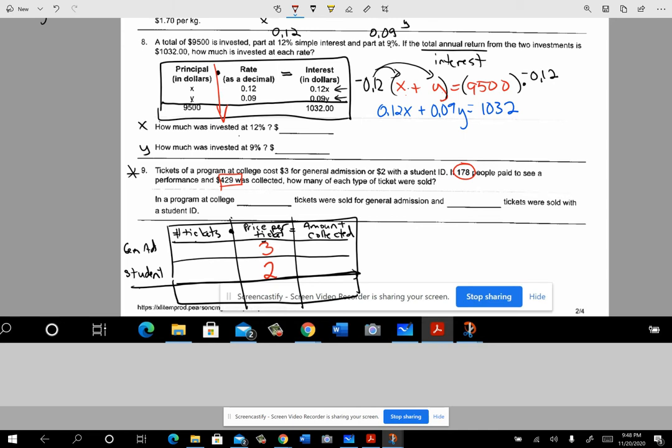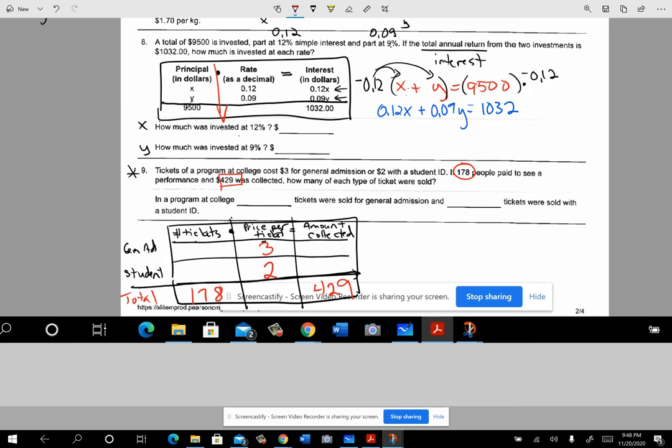We just don't know which were general admission, which were student. That 178 was the total number of tickets sold, the total number of people, and each one bought a ticket. So the total number of tickets. The $429 was the total amount collected. So it's in the totals or the mixtures area. Think of this as the totals or the mixture area.